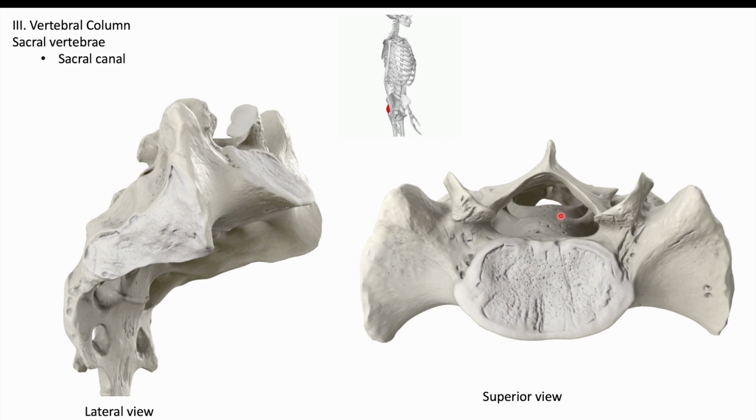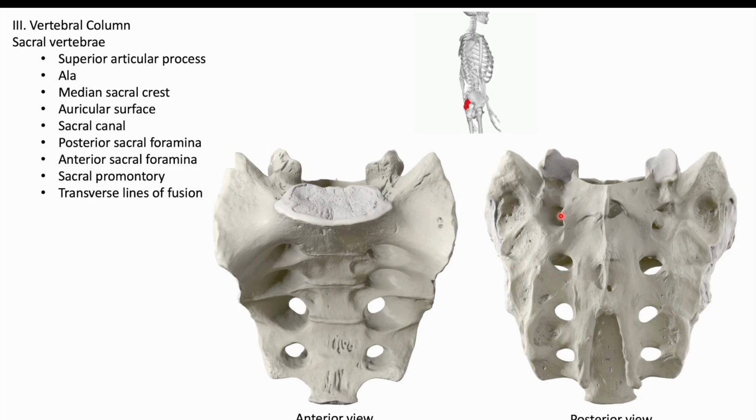And some other structures that I want to point out are the additional openings, the foramina. So you have the anterior view and the posterior view. Foramina is the plural form, but foramen is the singular form. So you have four anterior sacral foramina on this side and then four on the other side.